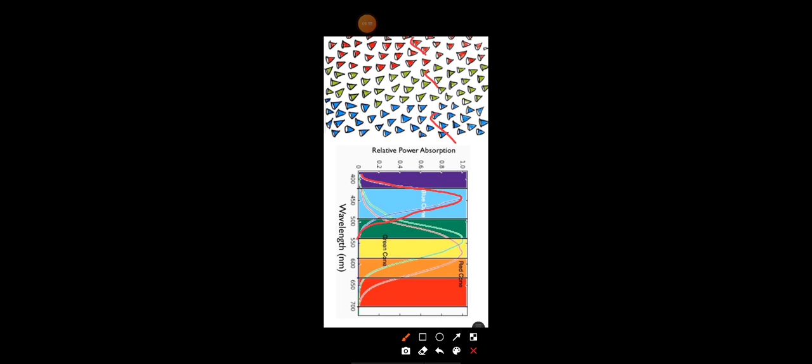If you see this graph, the graph for the blue cone, these blue cones are sensitive to blue light, but their graph rapidly decreases in the violet or indigo spectrum. So this is one more reason why we see the earth's atmosphere as blue.